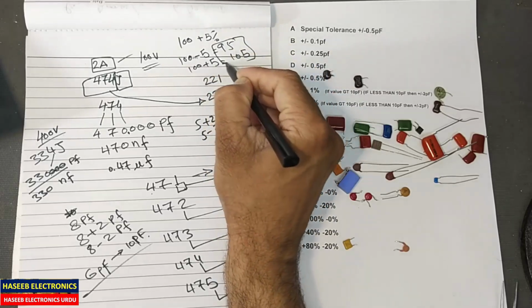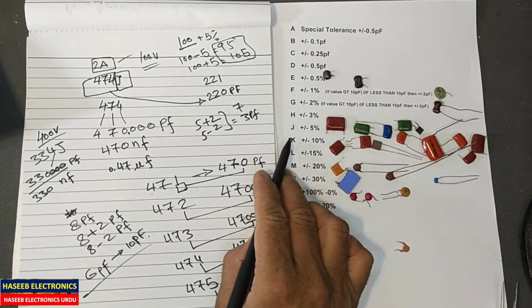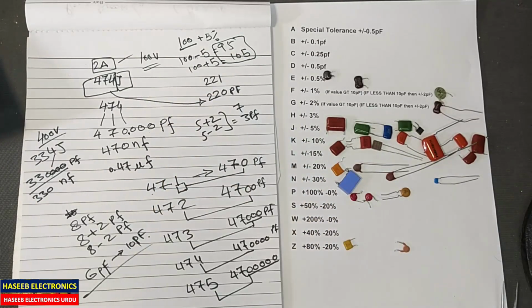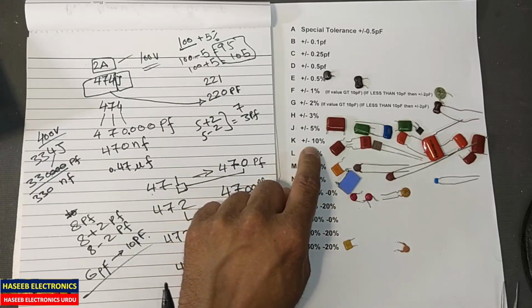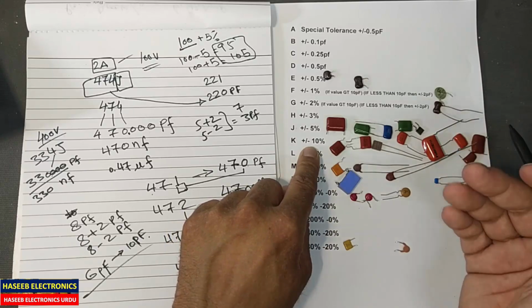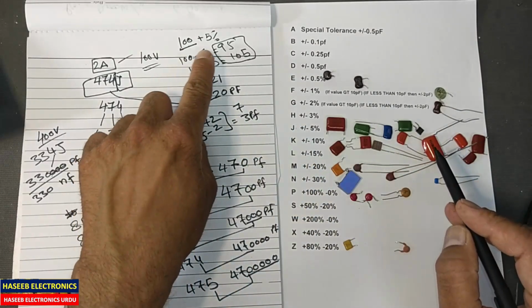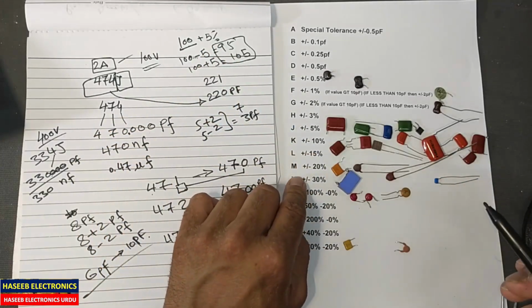So the capacitor value for 100 picofarad with the digit J will be 95 to 105 picofarad. Similarly here, if it is K, that means plus minus 10%. At that time, these capacitors will provide the capacitor value from 90 to 110 picofarad.